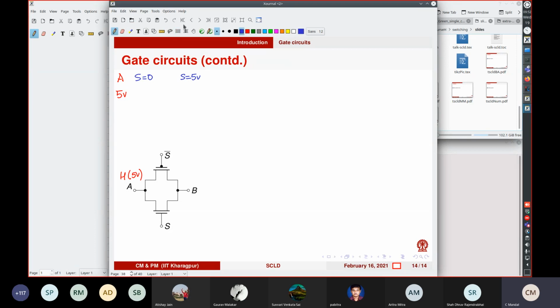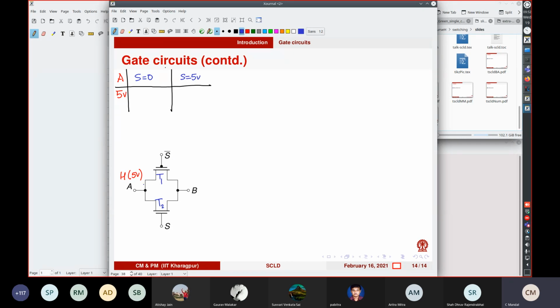All right, so when S is 0, let us call this T1 and let us call this T2. So when A is at 5 volts and S is 0, S bar is high, so here it is 5 volts.